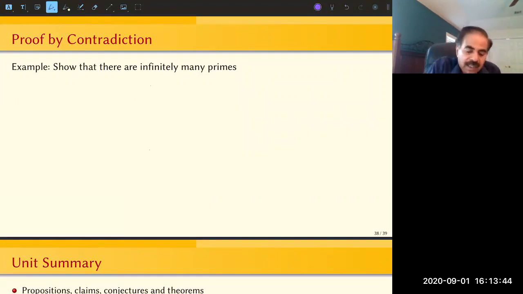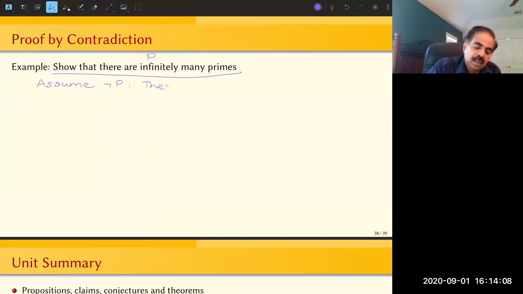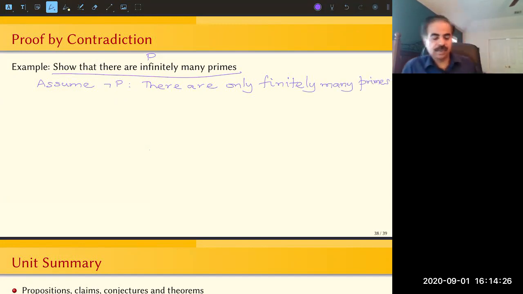If there are infinitely many primes, let's call this P. So assume not P. The negation of infinitely many primes is that there are only finitely many primes.